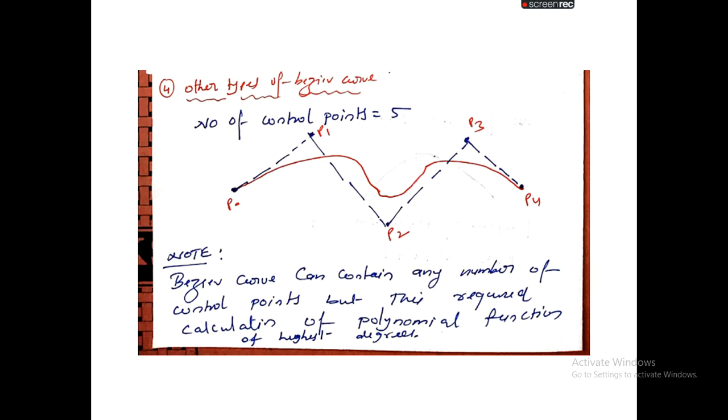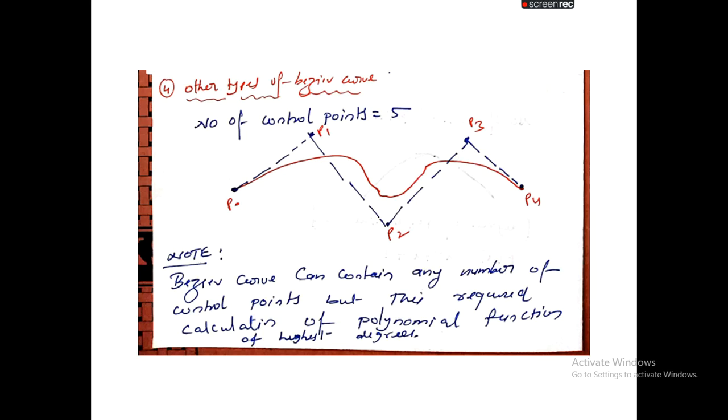When we are using a Bezier curve, we need to remember one note here. A Bezier curve can contain any number of control points, but this requires calculation of a polynomial function of the highest degree. You need to remember this. Whenever you want to create any Bezier curve, you can specify how many control points you want.